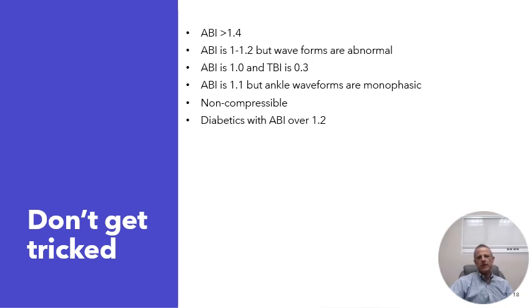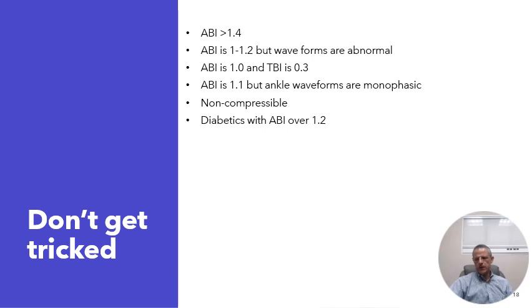So it's important to look at the waveforms and ensure that those are the expected triphasic. So an ABI could be normal and the TBI could be markedly abnormal. Don't get misled by that. There are instances where maybe an ABI is normal, but the waveforms are monophasic. Also, as we talked about non-compressibility or diabetics with elevated ABIs, these are all areas where we could be misled by what appears to be a normal ABI when in fact there's underlying disease.